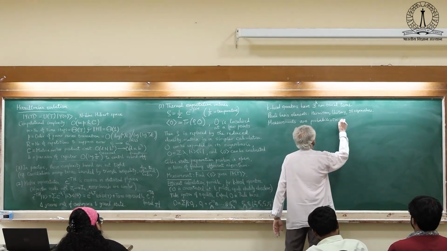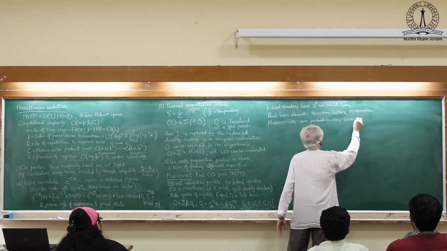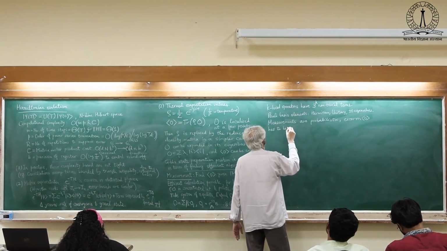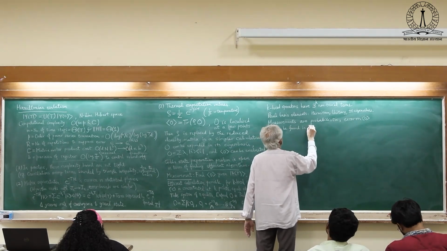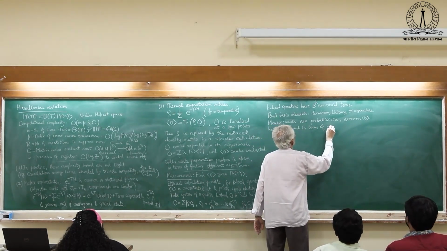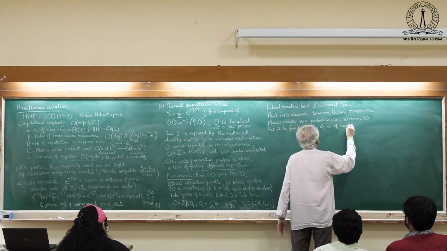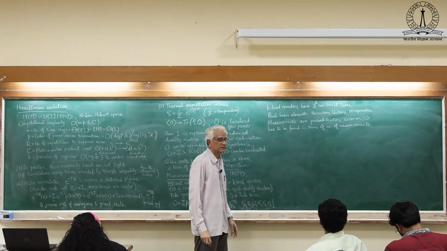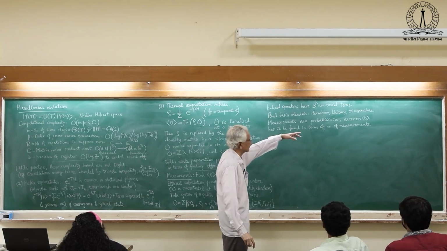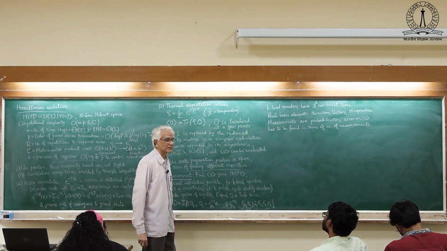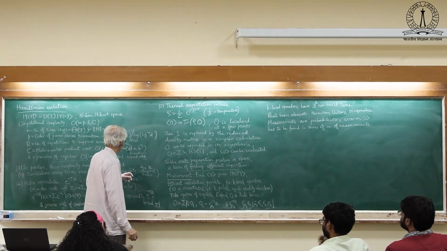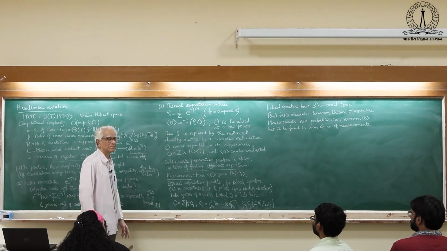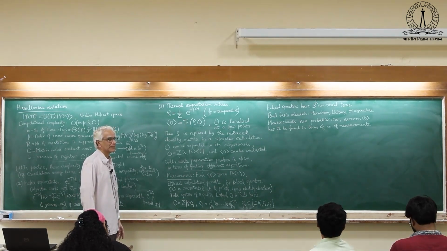So this error on O has to be found in terms of the number of measurements, and the challenge is to optimize this so that the number of measurements, which becomes our computational complexity in a certain sense, should have log of epsilon sitting inside it, not a power of epsilon. That is the target.